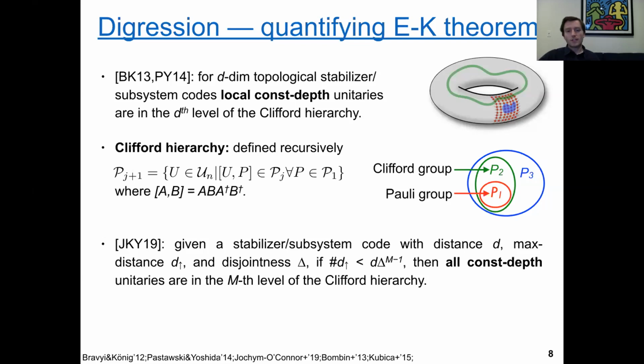Our result is that for all those unitaries, all we can hope for is that they can implement gates up to the nth level of the Clifford hierarchy. This does not tell us that the gates from the nth level are possible. This tells us that we cannot hope for gates from outside the nth level.